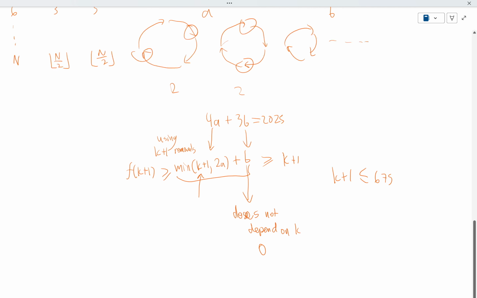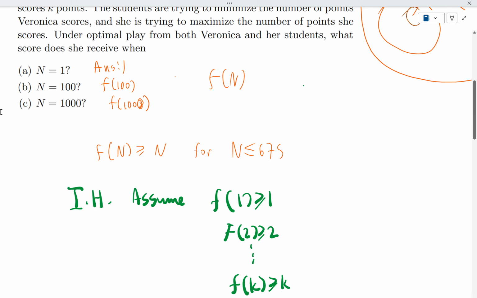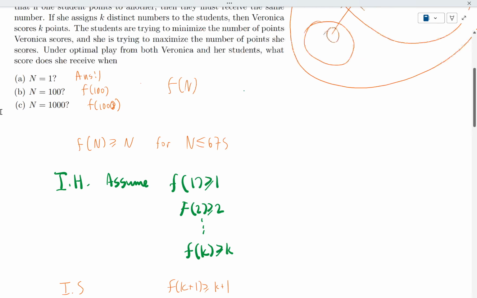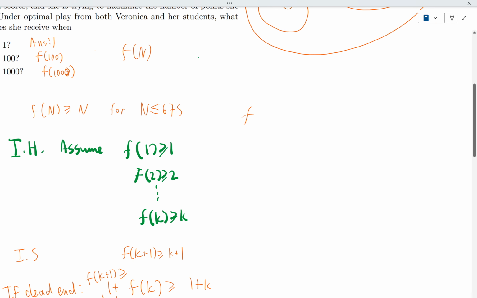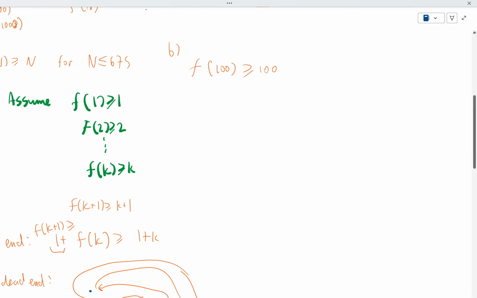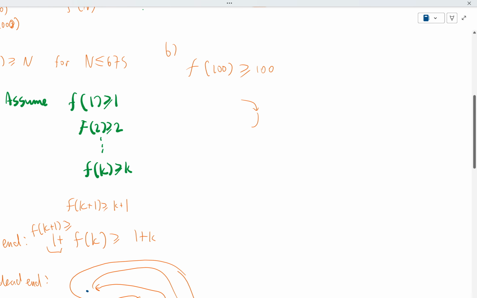So what we have done is we have completed the induction and we have proven that f of n is greater than or equal to n for n up to 675, right? So that means for part B, f of 100 is greater than or equal to 100. And if the students just make a giant loop, and Veronica removes 100 students, Veronica cannot score more than 100 points.